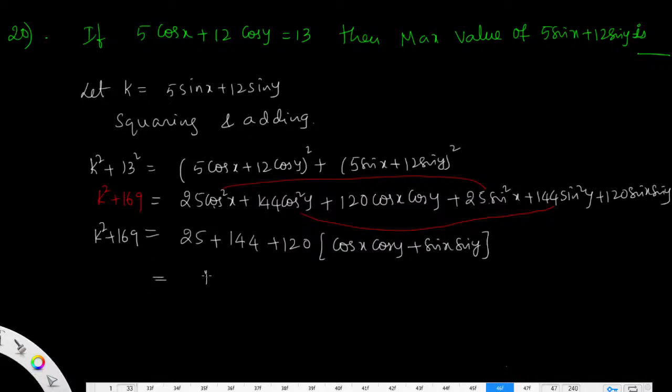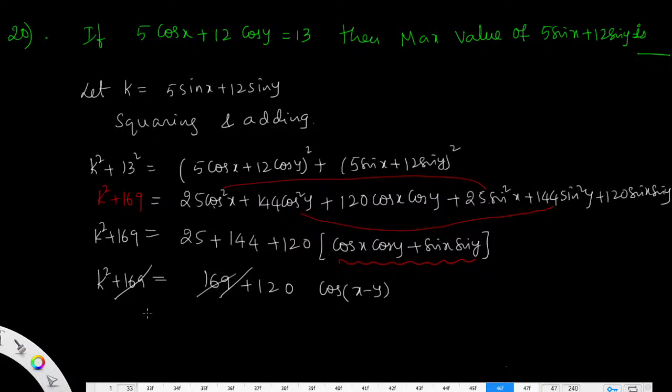So that equals 169 plus 120 into cos of (x minus y), using the formula cos x cos y plus sin x sin y equals cos(x minus y). This equals k square plus 169, which cancels.